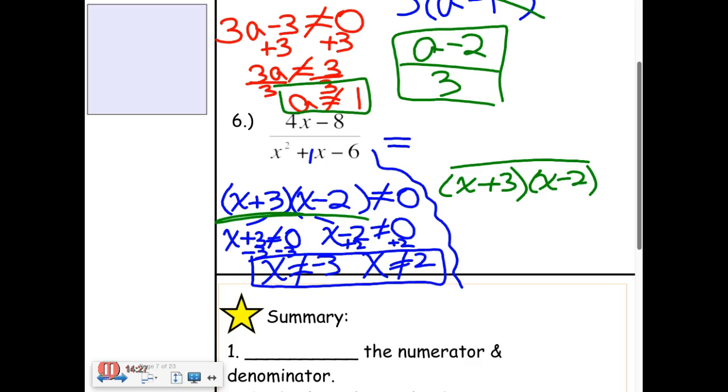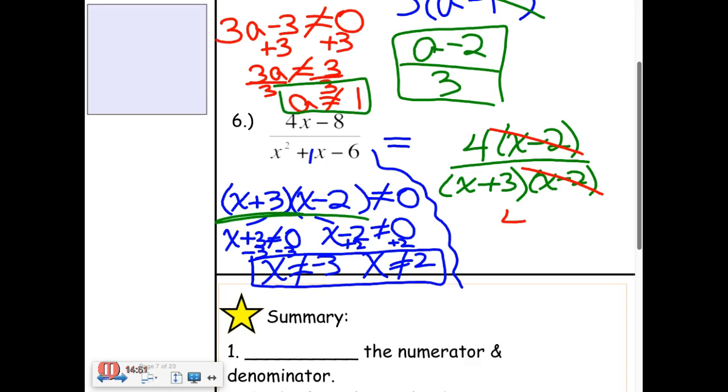Now on top, I notice I have a 4 and an 8, so I can actually factor out a 4. So when I do that, I now have 4 and I have x minus 2, which is exactly what we wanted because we notice on top I have x minus 2 and then on bottom we have x minus 2, so I can cancel both of those out.